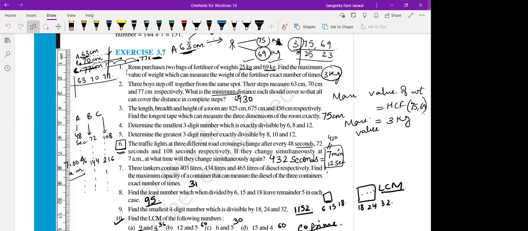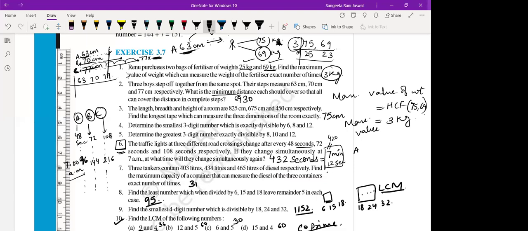Now see, the first light is changing after, let's take up the lights as A, B, C. Okay, these are the 3 lights. So first light is changing after 48 seconds, second 72, then 108. That means the first light, if it has to change again, it will change after 96 seconds, 48 into 2, right?